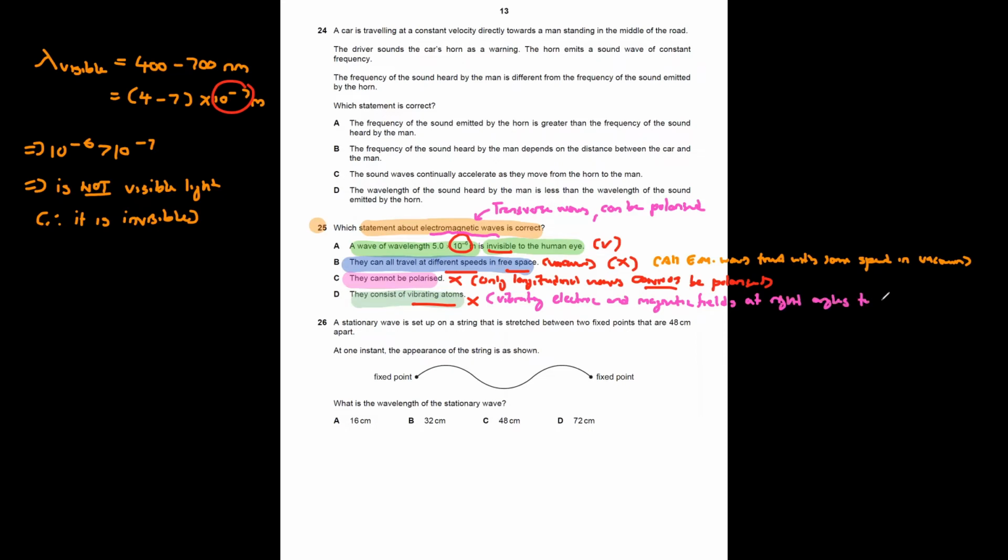So an EM wave is made out of vibrating electric and magnetic fields at right angles to each other, not vibrating atoms. So all answer choices are wrong except A.